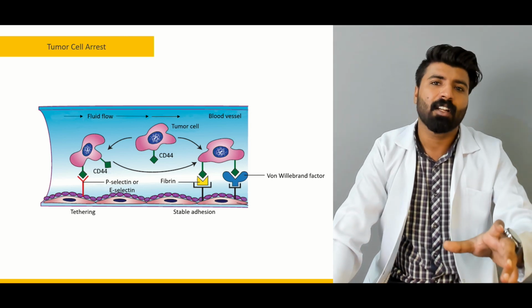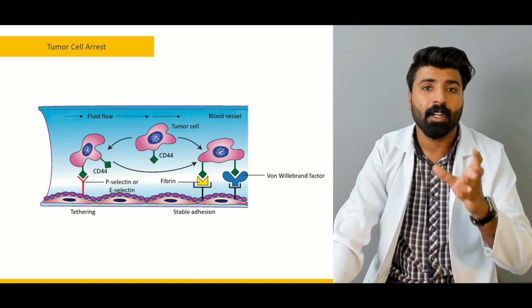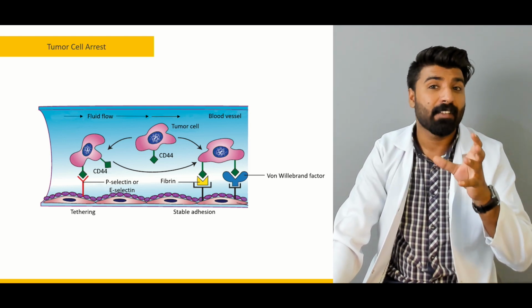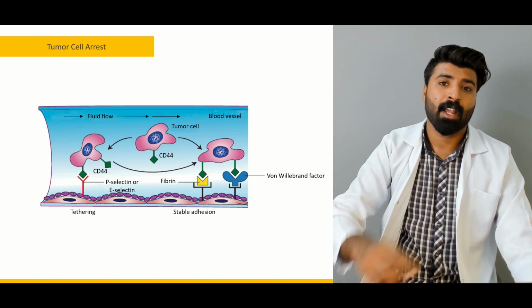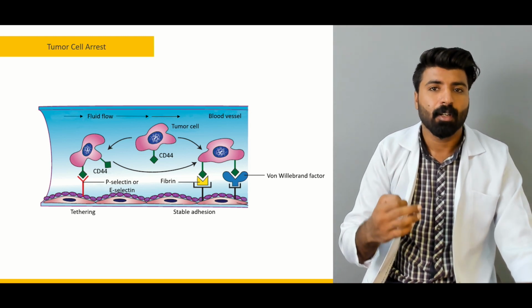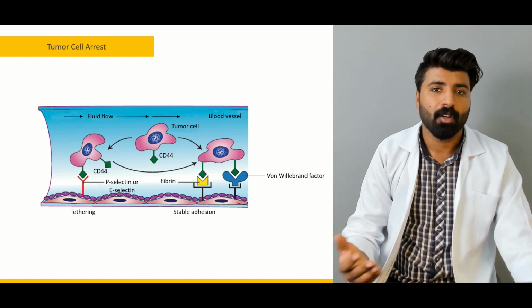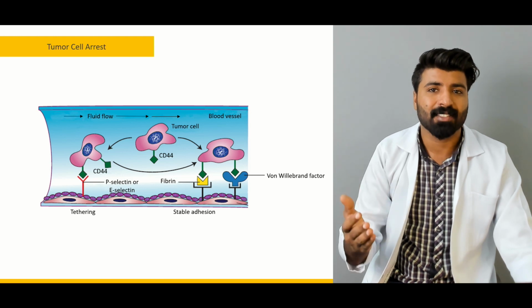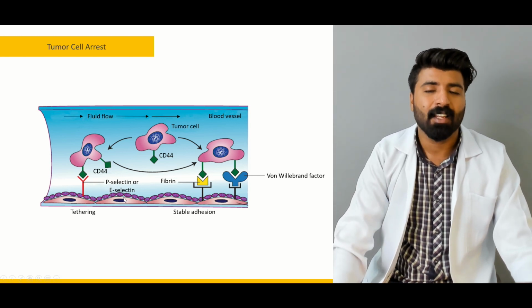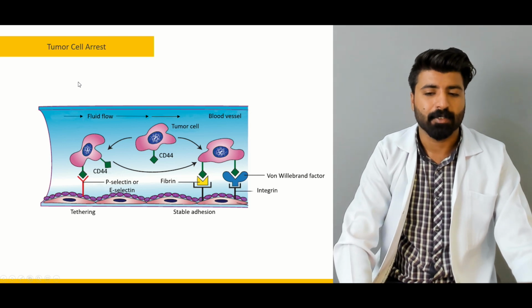They stop the cell before it reaches any organ which has higher blood supply, and it has stopped a very important cell which would have caused a secondary tumor, or it would have led to metastasis. But now this cell has been arrested, so it won't be doing anything. It won't be causing any kind of secondary tumors in any organ. So that's what tumor cell arrest is.